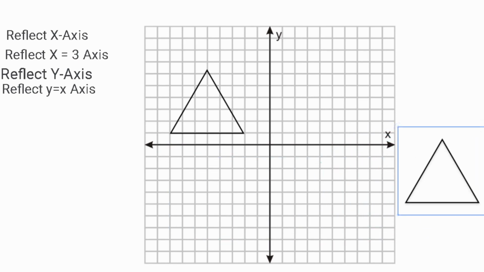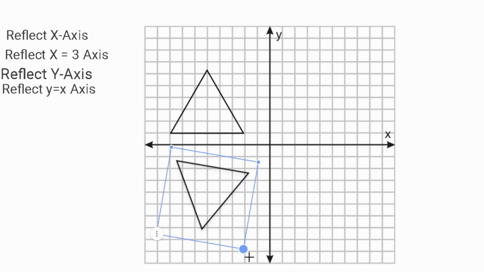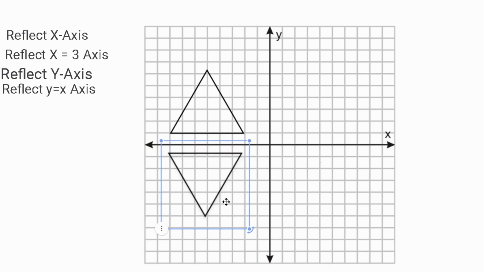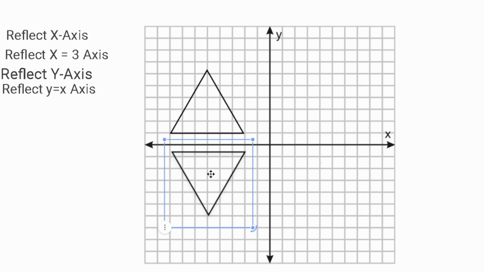So if I put a mirror over this line and folded it in half, this little line would match this line. So if I rotated this and put it on this point, and roughly match them up, we will see this is a reflection. These two are mirror images of each other.